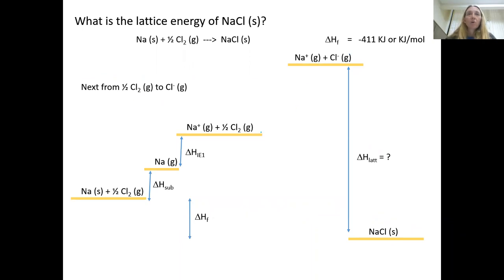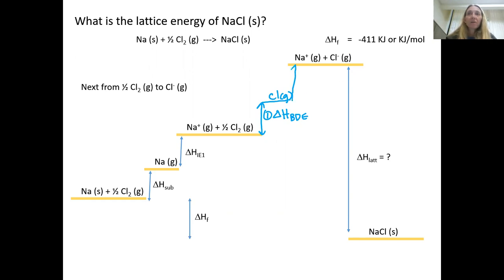So I start with my chlorine gas. The first thing I'm going to do is break that chlorine bond. I guess I called it step number 1 again, which is the delta H of the bond dissociation energy. I'm breaking the bond, and when I do that, I have the chlorine atom by itself in a gas form.